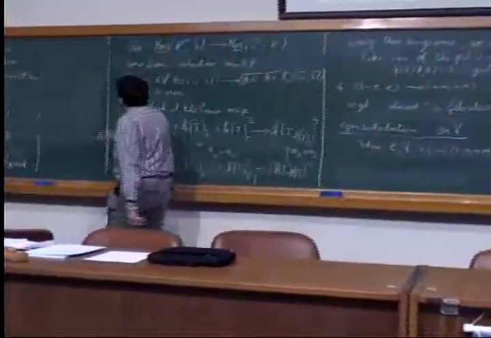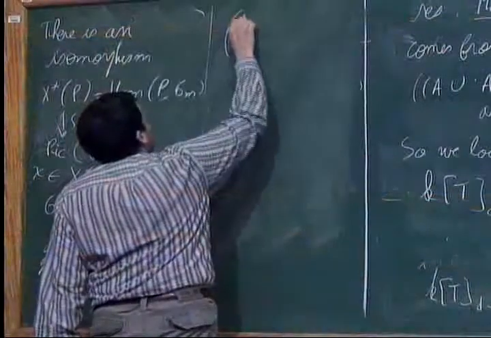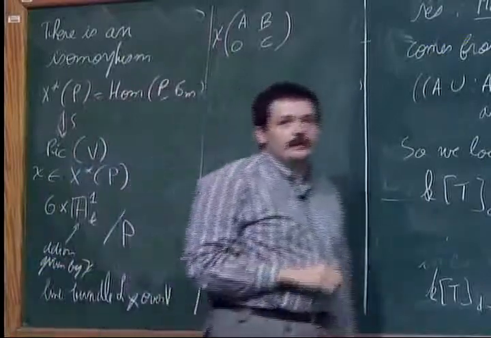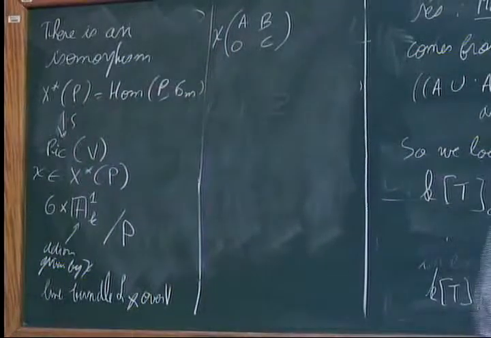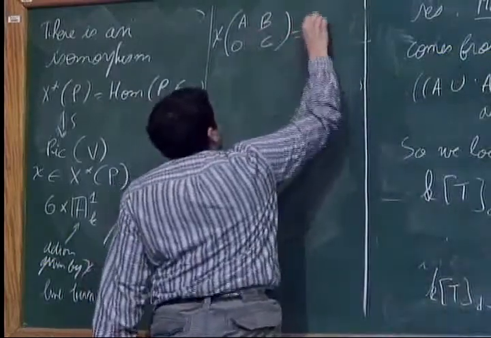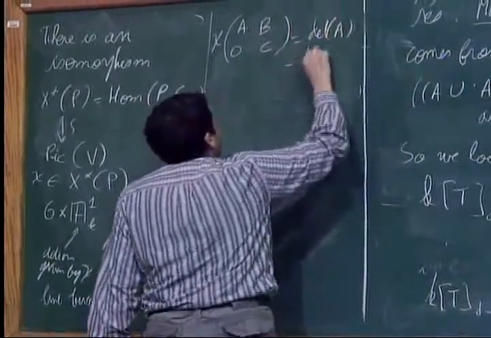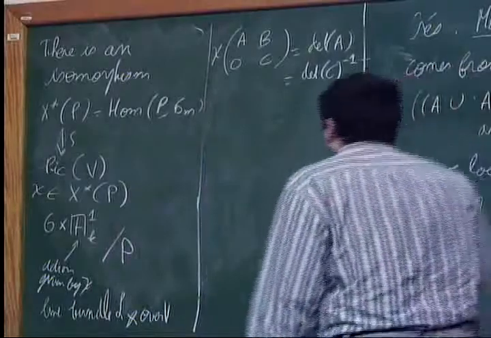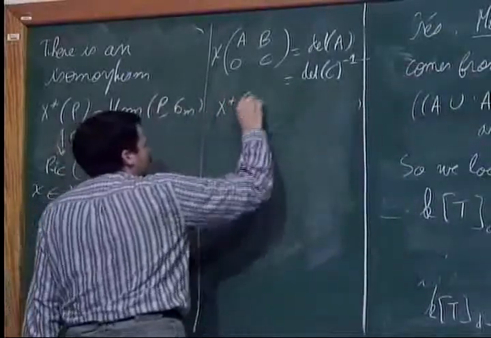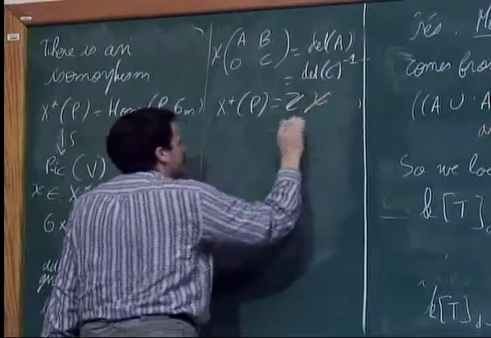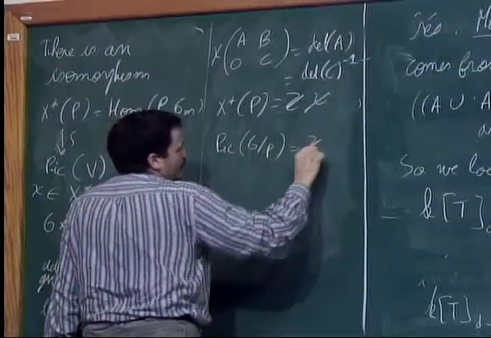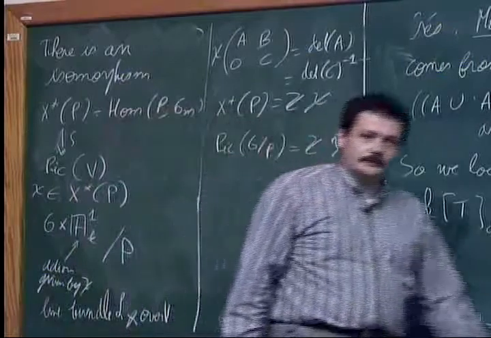Well, for this example, an element of P has the form A, B, 0, C, and there is only one, well, up to multiplication, only one non-trivial character, which is simply chi of this is equal to the determinant of A, which is the same as the inverse of the determinant of C. And then the group of characters of P is generated by this chi, and therefore the Picard group of G over P is of rank 1 and generated by the image of chi.